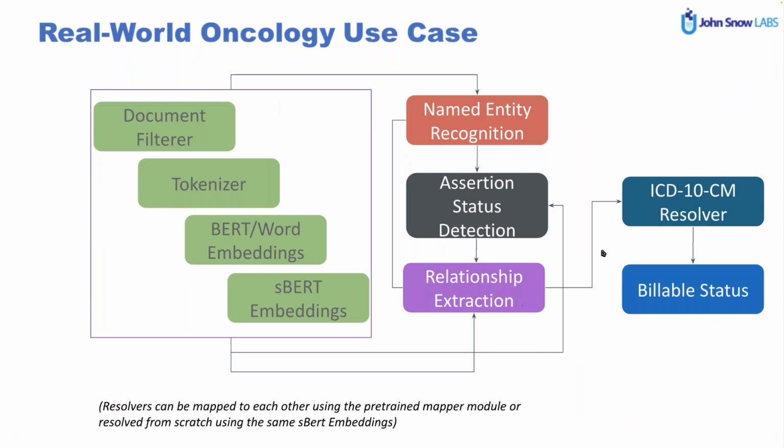And after that, we will send the results to the ICD-10 resolver model to map the detected entities to their ICD-10 codes, and our resolver model also provides the billable information of the codes, so we can get this information as well.